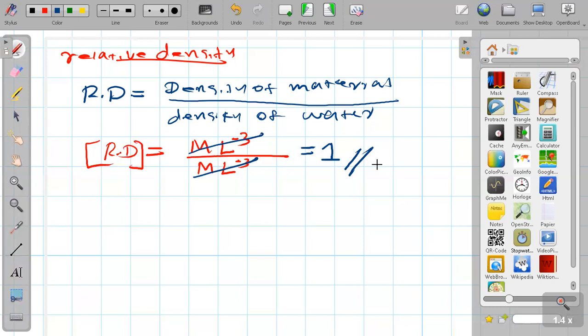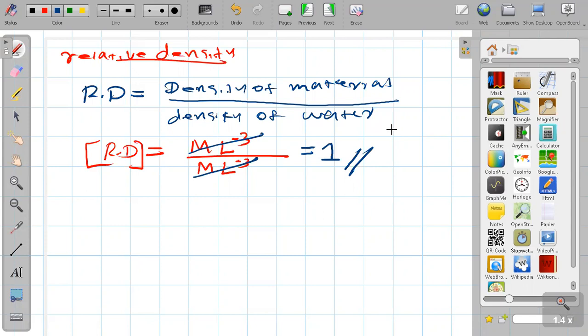So many things like relative humidity, refractive index, those things have no dimension, right? Now write this in a new line.